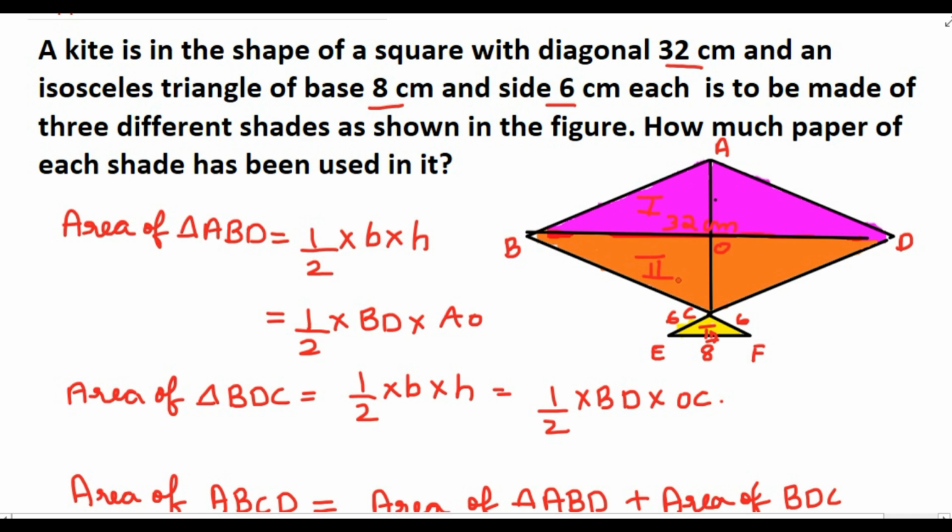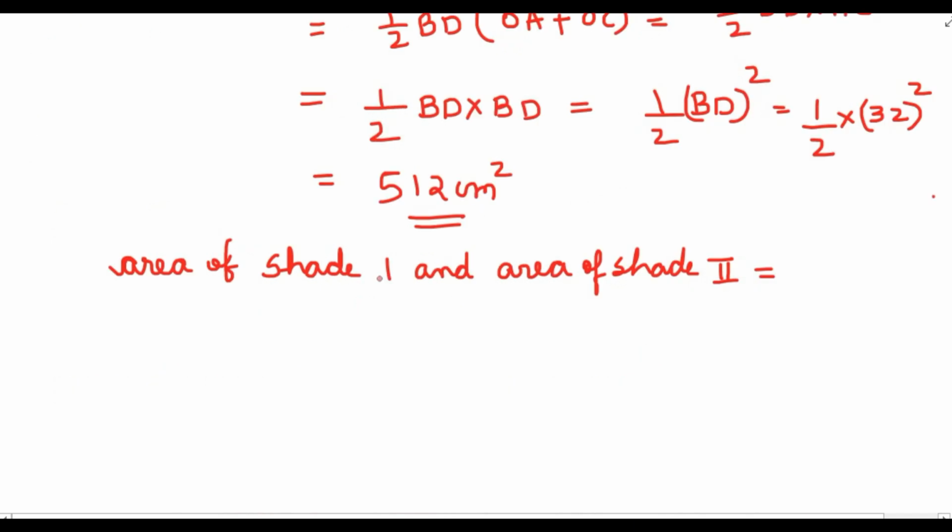Same way, area of the orange shade will be 512 divided by 2. So the areas of shade 1 and shade 2, that is pink and orange, that is the areas of those two triangles, will be equal. So I am going to divide by 2, which is 512 divided by 2, 256 centimeter square.